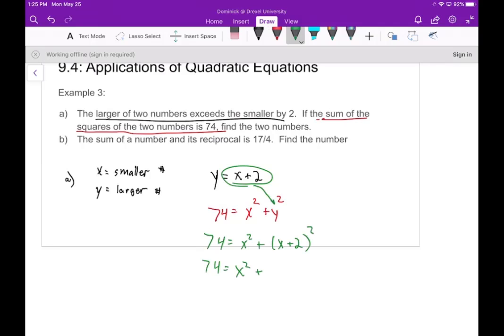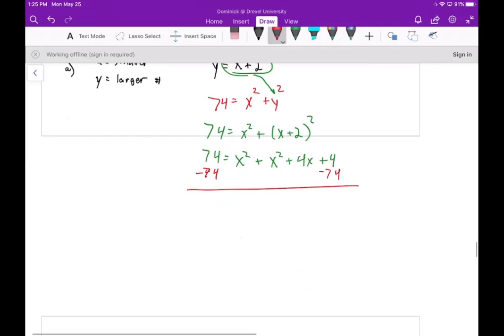And once I distribute this out, I'm going to get x squared plus 4x plus 4. So if I move the 74 over and combine like terms, we're going to get that 0 is equal to 2x squared plus 4x minus 70.